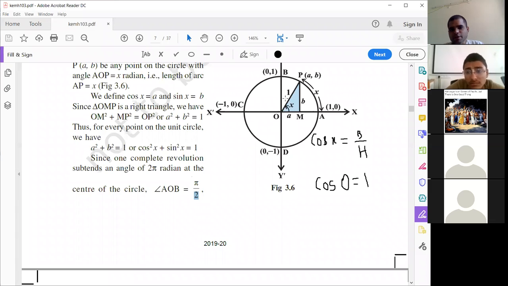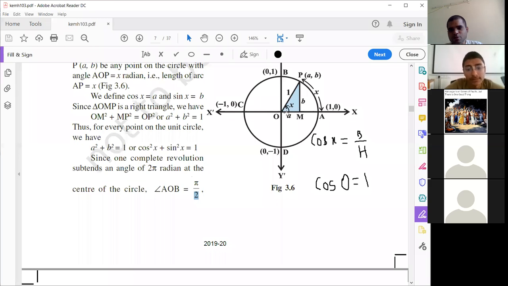So what will be the value of the base? If P moves towards B, M will move towards O. The base will be decreasing.